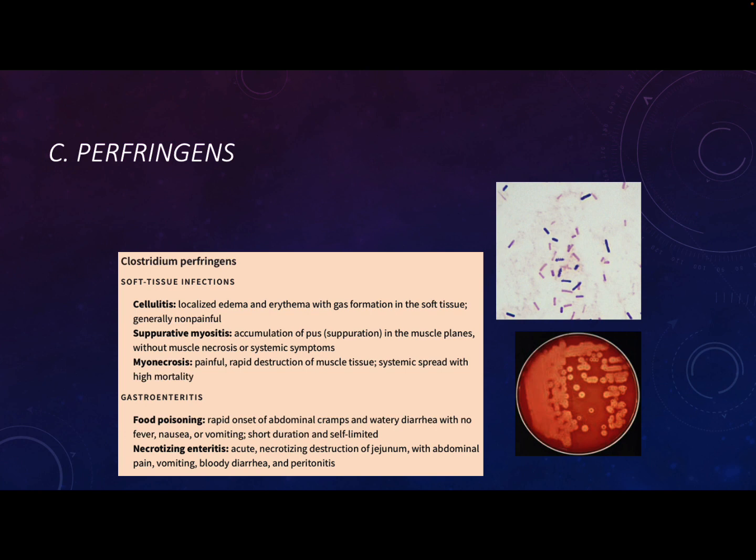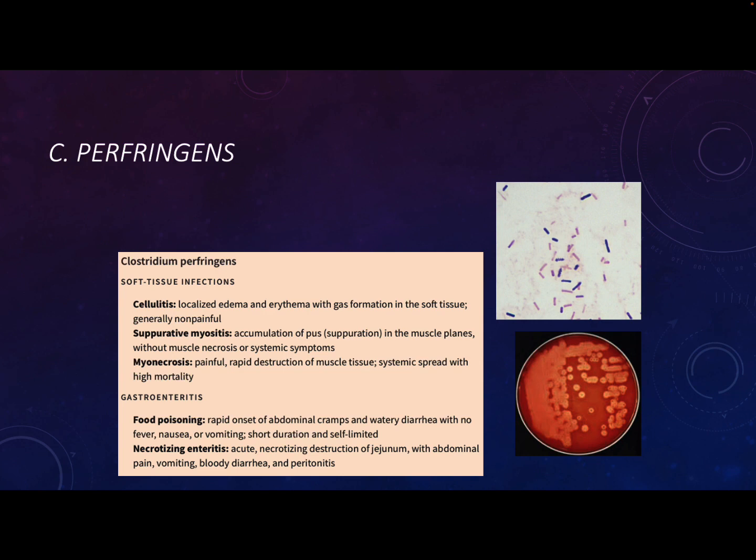Okay, so the next species we'll talk about is Clostridium perfringens. This is one that causes what they call gas gangrene. Basically what that means is, this is an anaerobic organism, so it causes infection in the deep tissues.